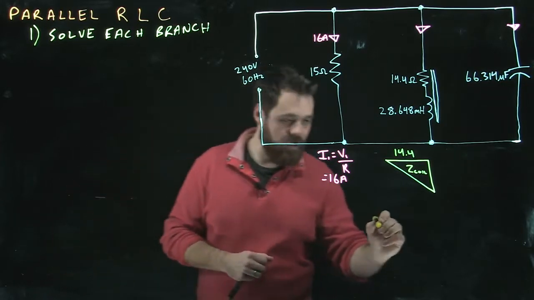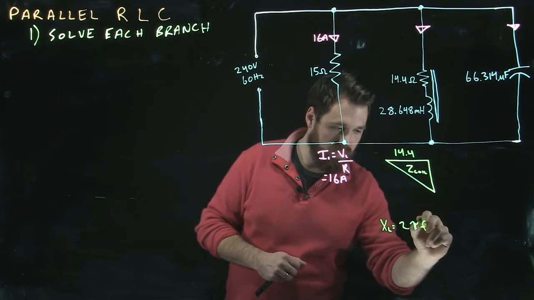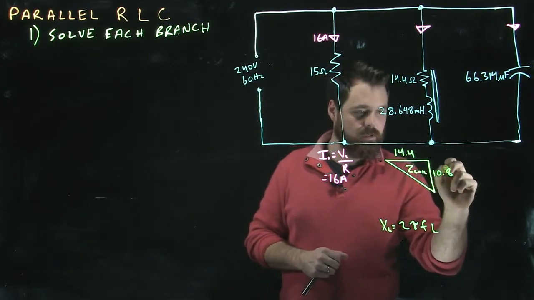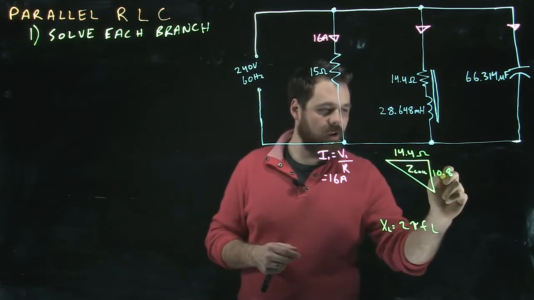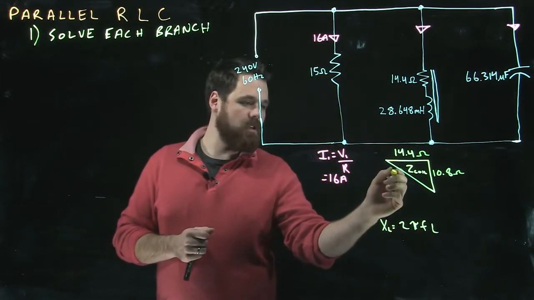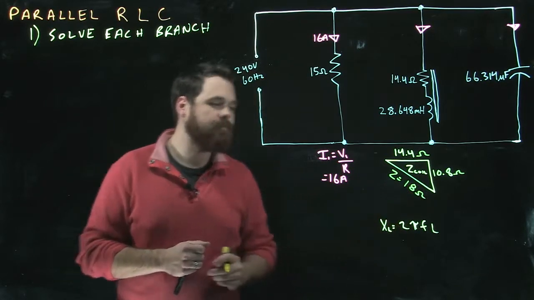We can solve our XL by going XL equals 2 pi FL. In this case, we get 10.8 ohms. Once we have our resistance and our inductive reactance, we can figure out the Z of our coil. In this case, Z equals 18 ohms.